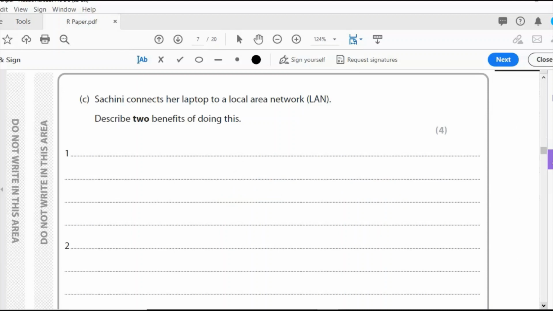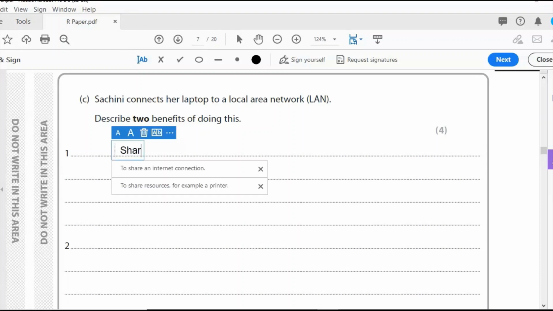C. Sashini connects her laptop to a local area network. Describe 2 benefits of doing this. So 2 benefits of a local area network are sharing peripherals like printers, sharing data, shared access to the internet.